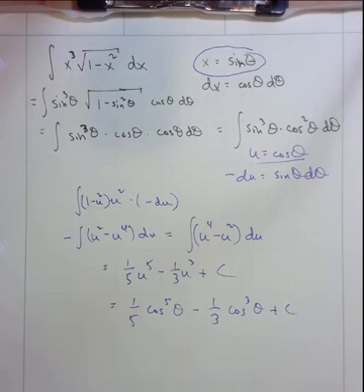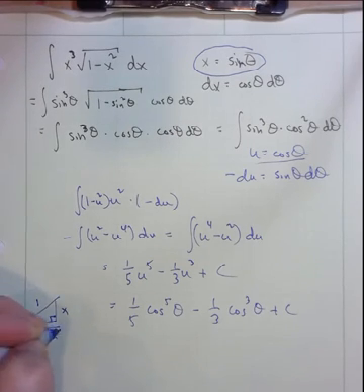Well, it's all about geometry. I'll draw a triangle. If the sine of theta is x, that means the sine of theta is x over 1, which means if this is theta, here's an x, and here's a 1. Which then means that this side, by the Pythagorean theorem, is the square root of 1 minus x squared.